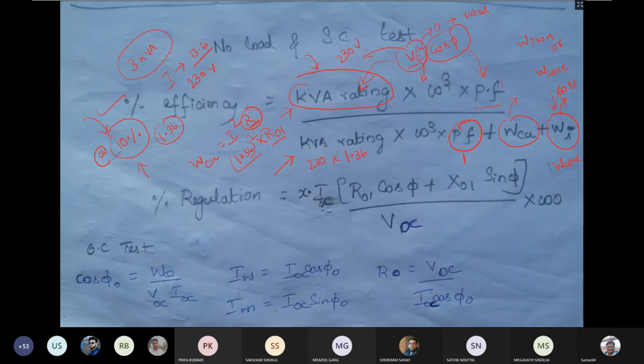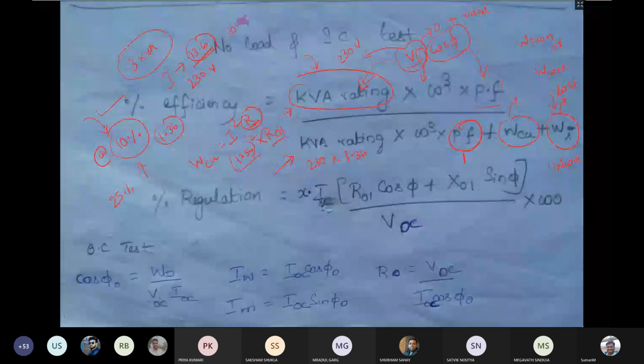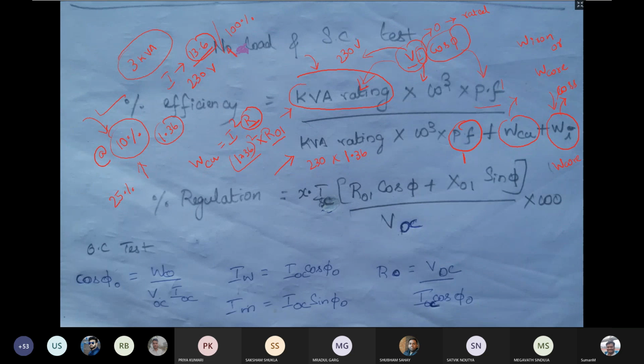Similarly, if you want the efficiency of the transformer at 25% of the loading, then this is 100% of loading, and you just divide this by 4 to get 25% of that loading. That current is around 3.4.